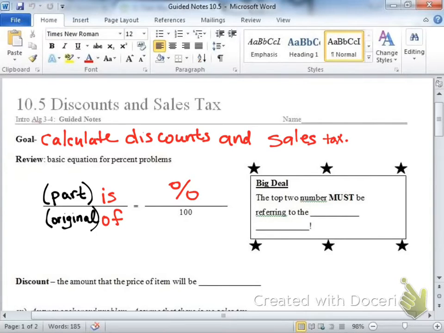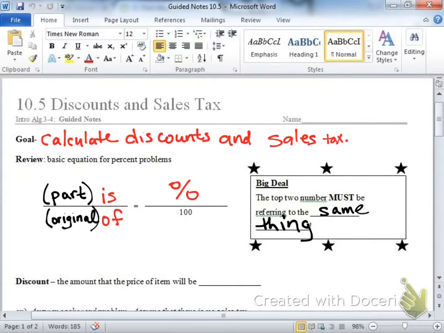The numbers on the top must be referring to the same thing. So for example, if our percent is the percent of the discount, the number you get here is the discount amount. If you're talking about the percent that you pay in sales tax, over here you'll have the amount that you pay in sales tax. So you have to keep it straight what you're talking about.